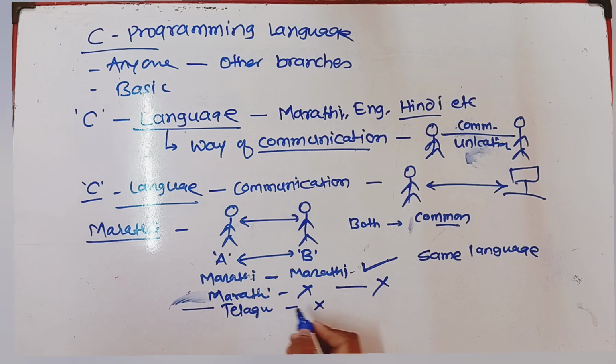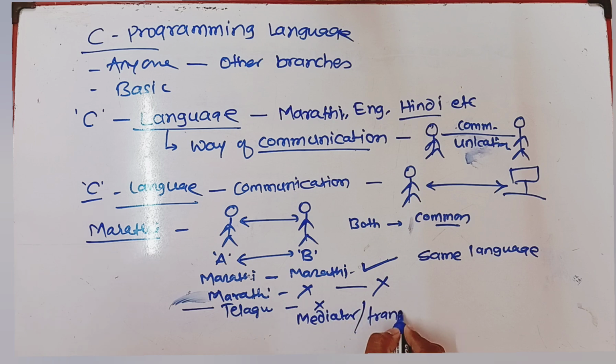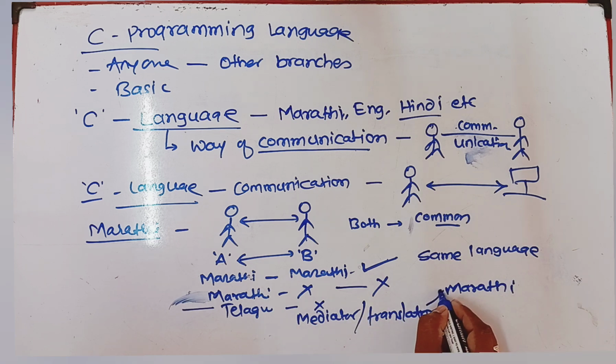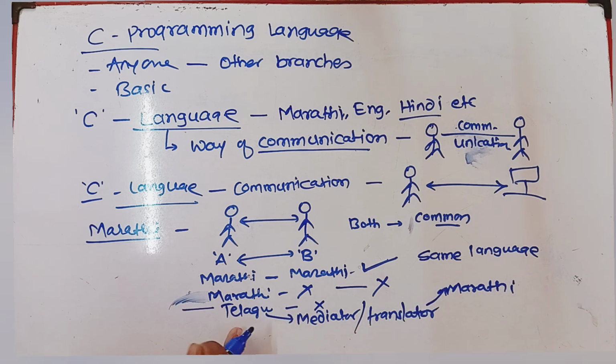Then what happens is there comes a mediator. You might have heard about a mediator, also called a translator. So person A speaks Telugu, person B speaks Marathi. If they both want to communicate, there should be a mediator by which Telugu is converted into Marathi and Marathi is converted into Telugu.